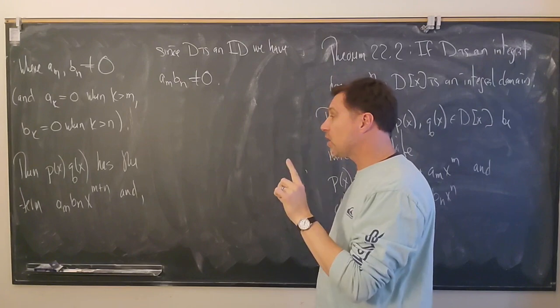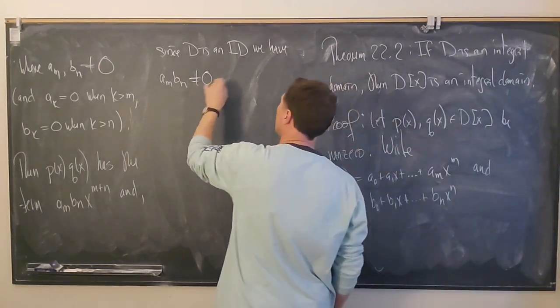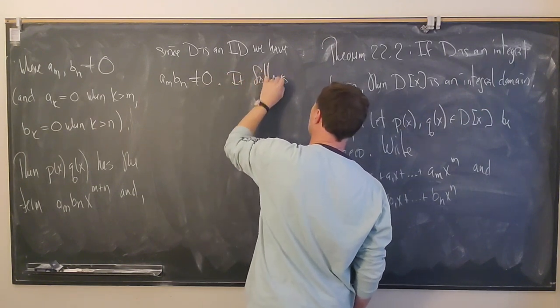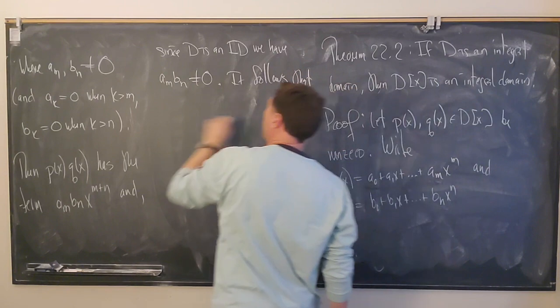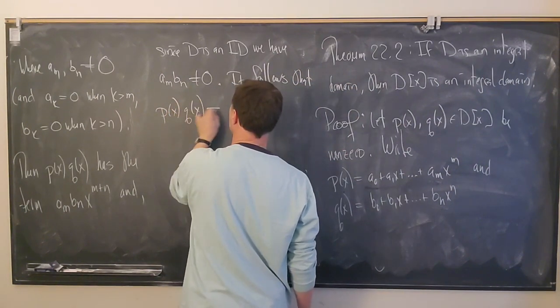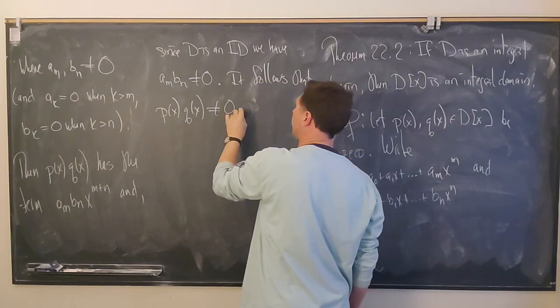That tells us then that p of x times q of x is not the 0 polynomial. So it follows that p of x times q of x is non-zero.